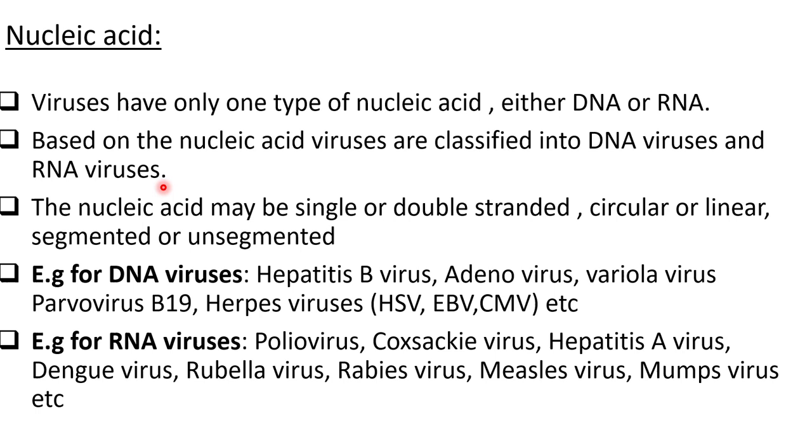There are various DNA viruses like hepatitis B virus, adenovirus, variola virus, parvovirus B19, herpes virus, which includes herpes simplex virus, Epstein-Barr virus, cytomegalovirus, etc. Examples for RNA virus, which contains RNA, ribonucleic acid, as the genetic material, include poliovirus, Coxsackie virus, hepatitis A virus, dengue virus, rubella virus, rabies virus, measles virus, mumps virus, influenza virus.